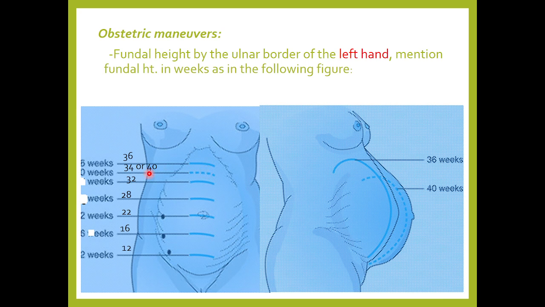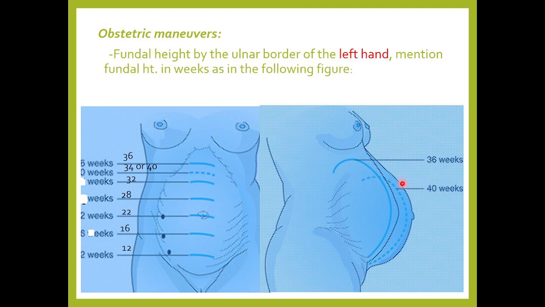Why does 40 come down to this point as we see here? Because at 36 weeks, the cervix is tubular, not effaced, and the head is floating, so it reaches the xiphoid process. With the preparation for labor, there will be shortening of the cervix, or effacement, and engagement of the fetal head, so the fundal height will get lowered down.